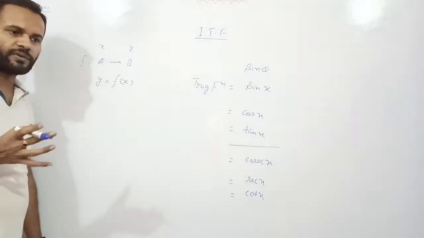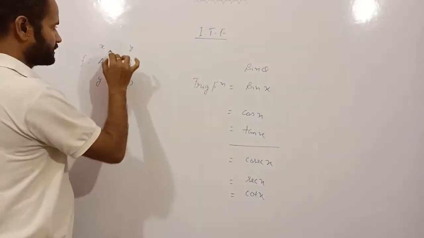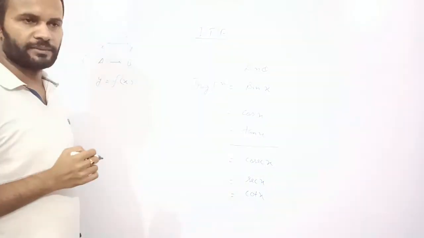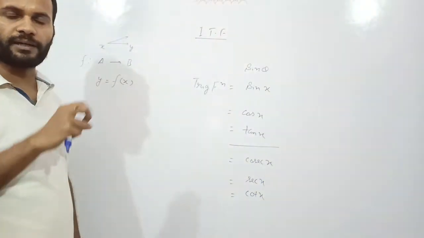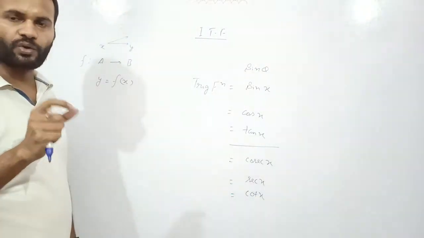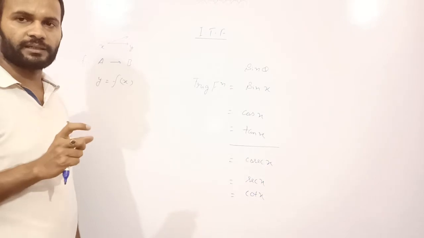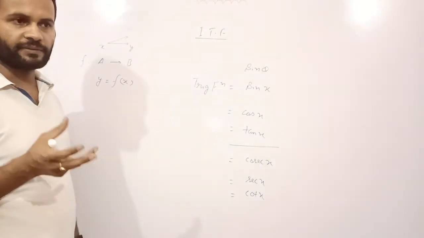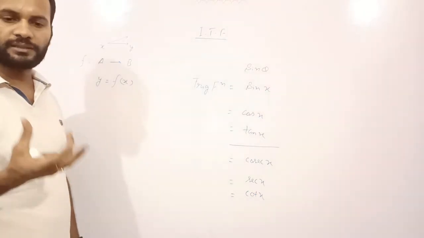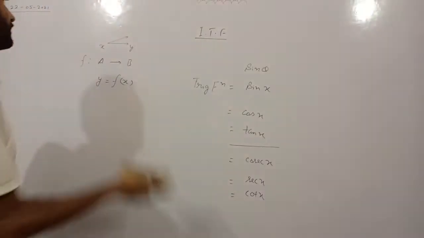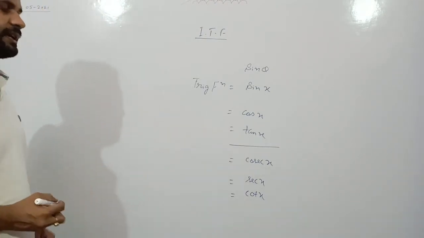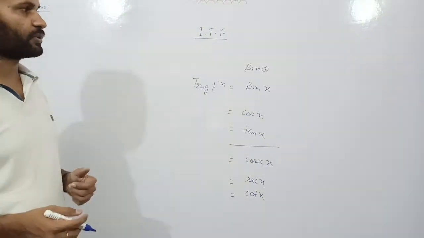The specialty of function is that there are no two values in B which are related to the same value in A. Means no two images of one element of A will be there. And if this happens, then that is not called function, that will be called a simply relation. So we have to understand what is trigonometric function, and then we will come to ITF.